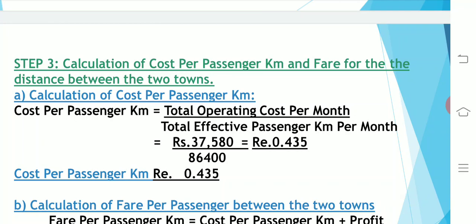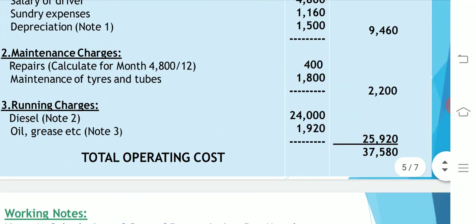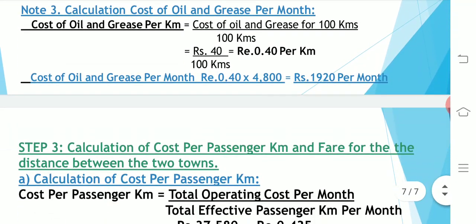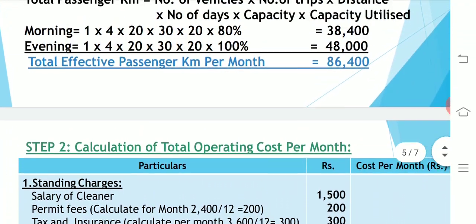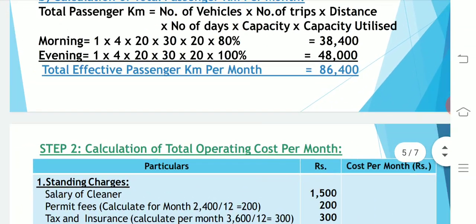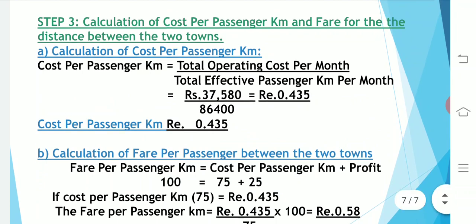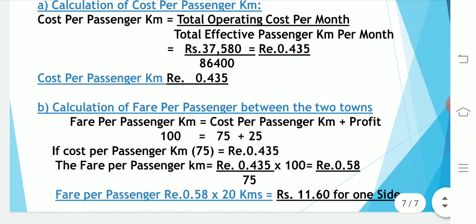Rupees 37,580 we have calculated in the operating cost sheet, divided by total passenger kilometer, that is 86,400. So cost per passenger kilometer is rupees 0.435.